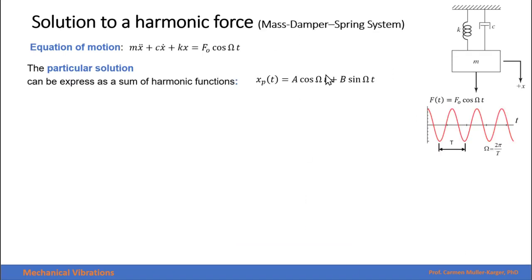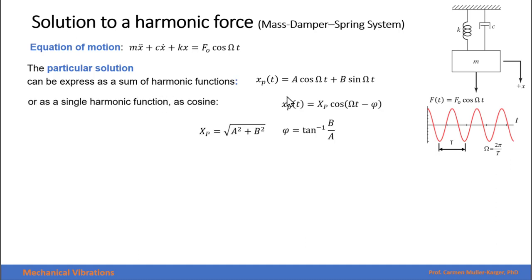So we just found A and B, which are the constants of the particular solution and are a sum of harmonic functions. Any sum of harmonic functions can also be expressed as a single harmonic function. Let's say we choose a cosine. If the excitation is a cosine, I like to express the response as a cosine as well.